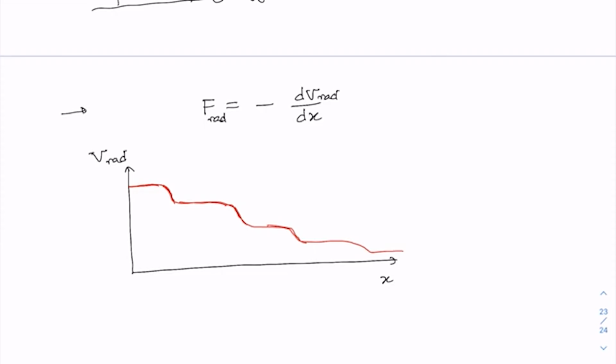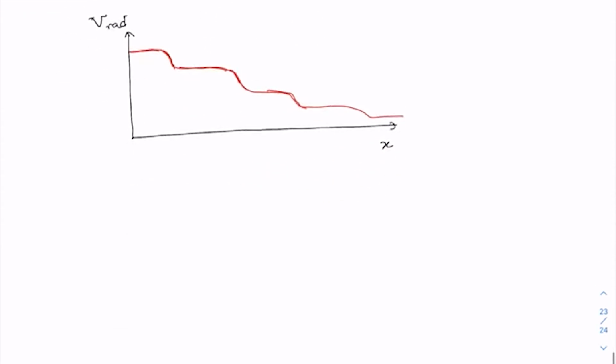If we want to know the total potential of the mechanical oscillator or the movable mirror, then we need to add the intrinsic potential that describes the motion of the mechanical object. And you know the mechanical oscillator oscillates simple harmonically, so we'll have a parabolic potential like this.